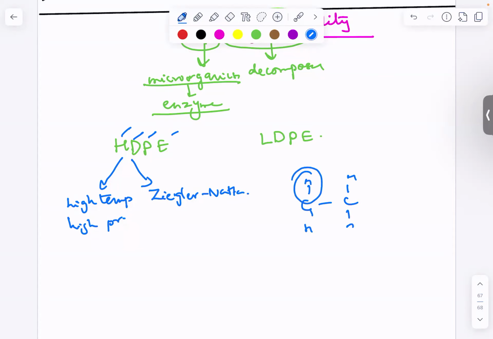Now, if this branch is going to have 200 carbon atoms, then it will become very dense, and then it is called high density polyethylene. And the chains are packed together well, and this makes the density of the plastic greater, and then its melting point gets higher, right?